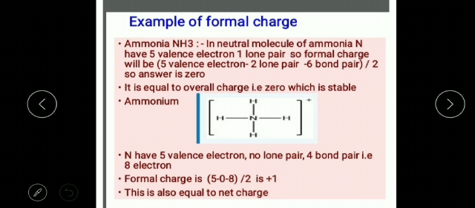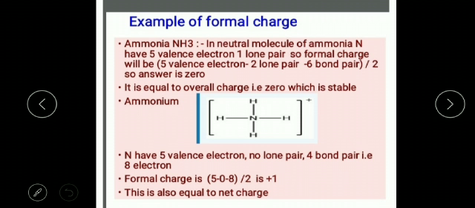So the formal charge will be 5 minus 2 minus 6 divided by 2. So the answer is 0, which is equal to the overall charge, that is 0, which is ultimately a stable compound. So on the basis of formal charge, we can conclude that ammonia is a stable compound.